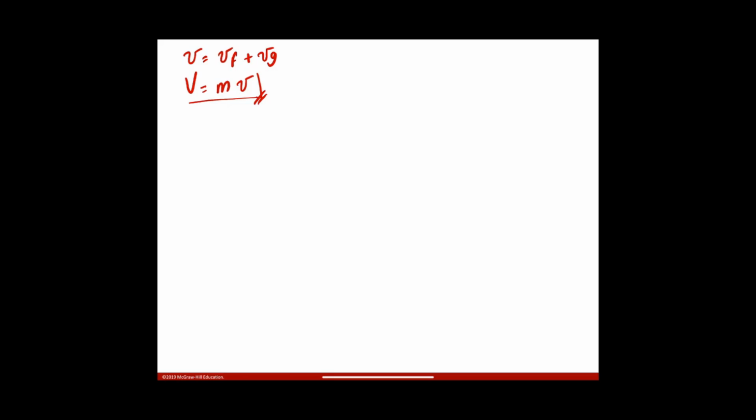We were given in the previous slide that my total mass is equal to mf, which is fluid, plus mass of the gas. We also know, and think about it, I'm going to play with this equation and that equation.